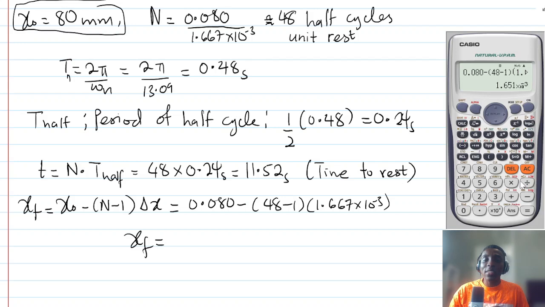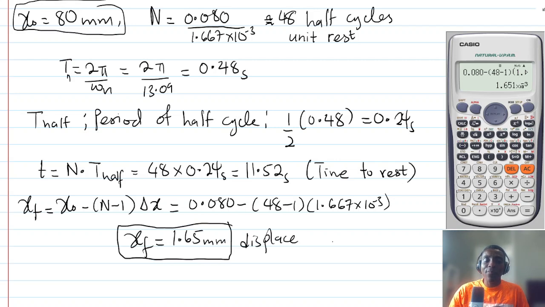So essentially this is going to be 1.65 millimeters. Okay, so that is it. This is the displacement at rest, or at stop. So when it finally comes to stop, or comes to rest, that will be the displacement. Right, so this question has been solved. Thank you very much for watching.